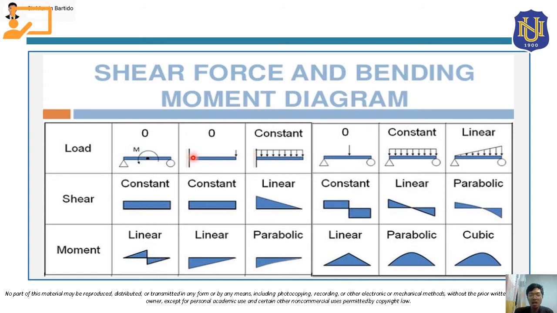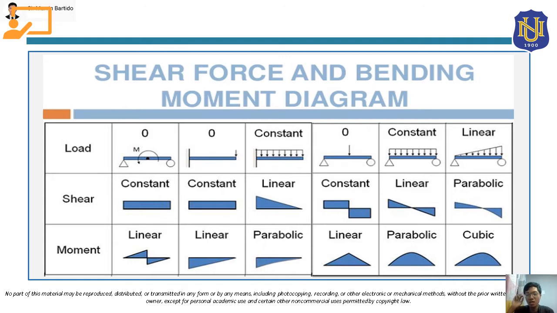Also, for beams having a concentrated load as an applied load, its shear will also just be a rectangle, and its moment will also just be a triangle. And if the loading will be uniform loading, its shear will be a triangle and its moment will be parabolic.